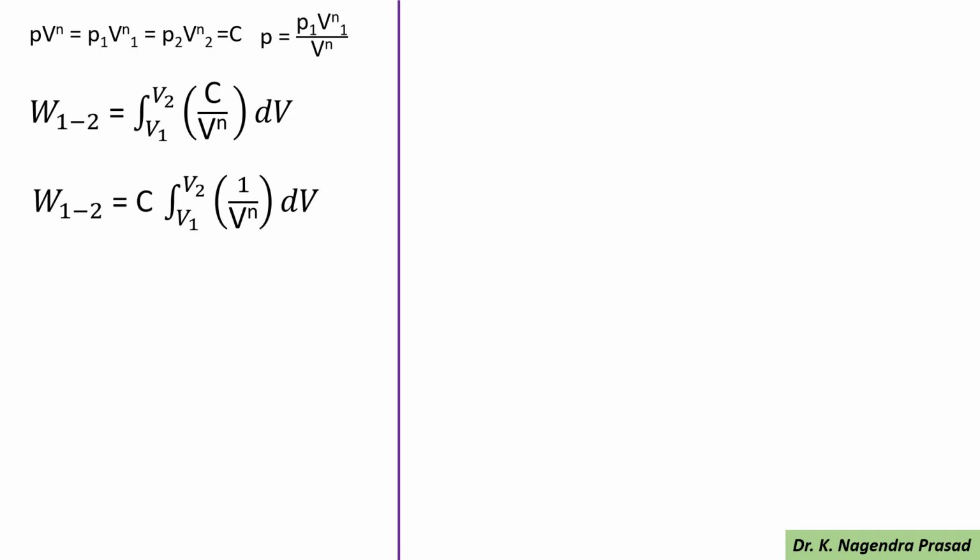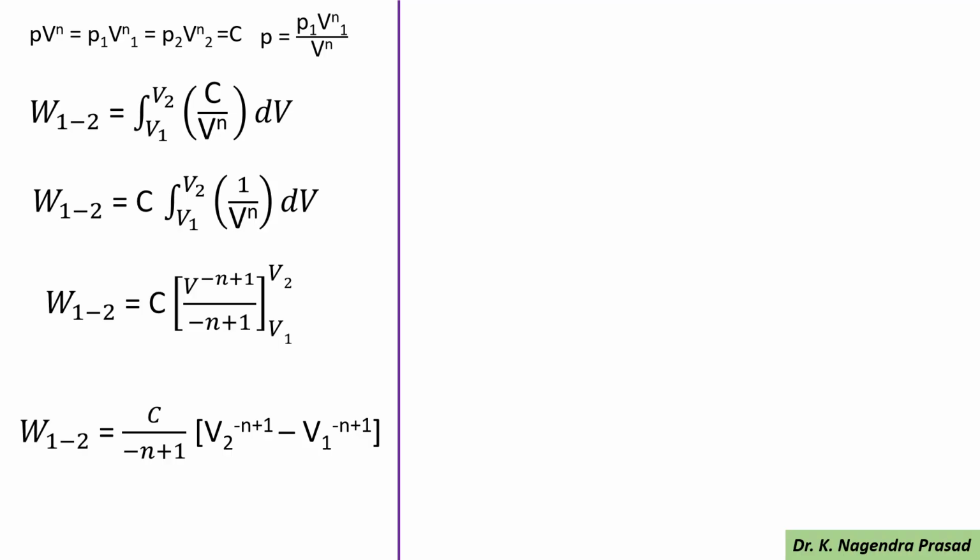Here C is a constant, so bring it outside of the integration. Then W12 becomes C times the integration from V1 to V2 of 1 divided by V^n dV, which becomes C into V^(minus n plus 1) divided by (minus n plus 1), from V1 to V2.